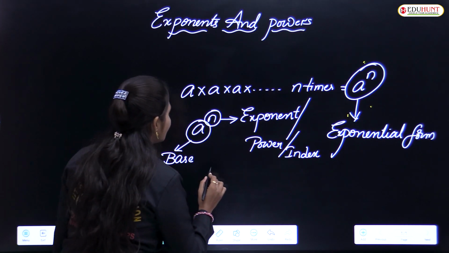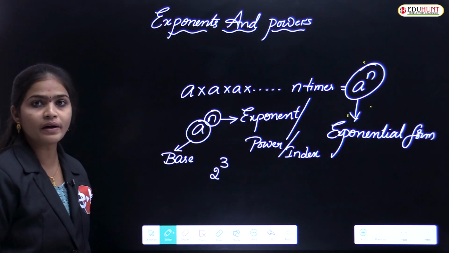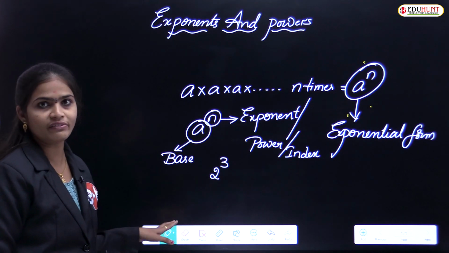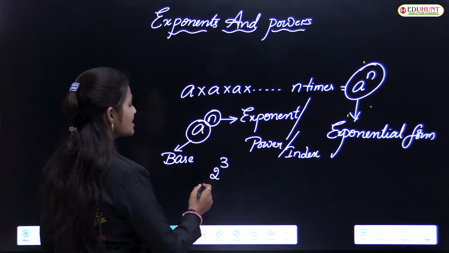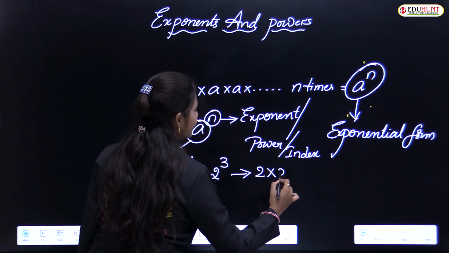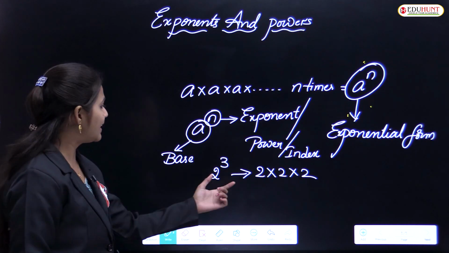For example, here 2 cube is there. We read this as 2 raised to the power 3, or 2 cube. What is the meaning of 2 cube? 2 multiplied by itself 3 times.